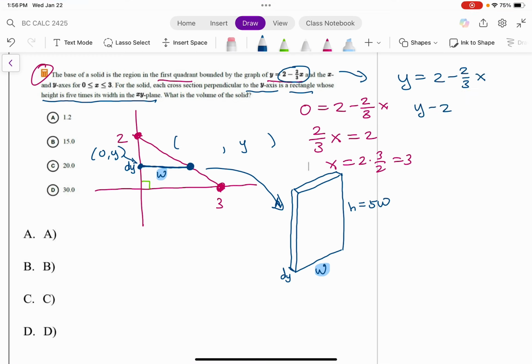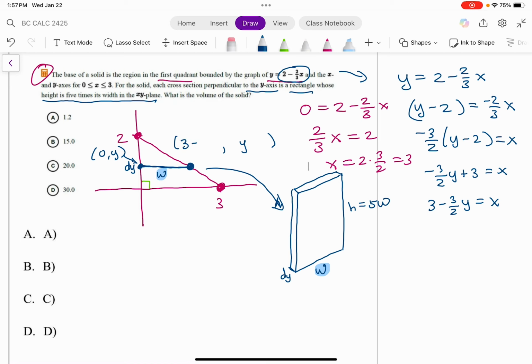So minus 2, and then multiply by negative, to be thorough, multiply by -3/2. If you distribute, you get -3/2 y, and then plus 3. I think I'll write it like that. So that's how I need to name my x coordinate. It's 3 minus 3/2 y.